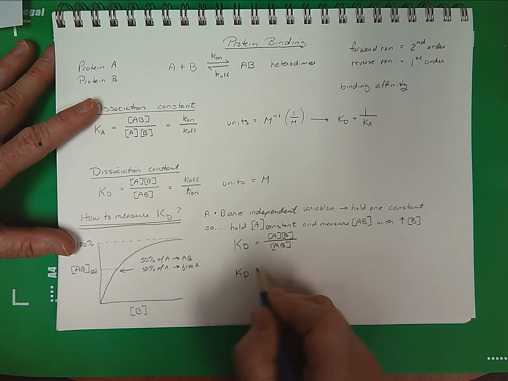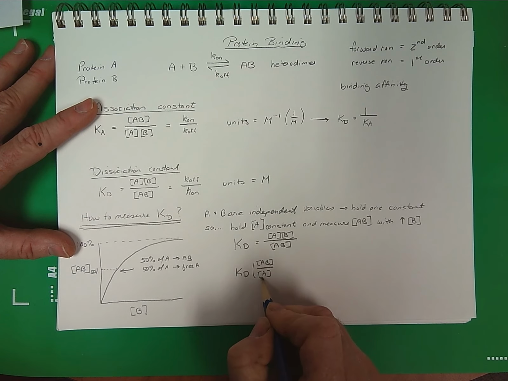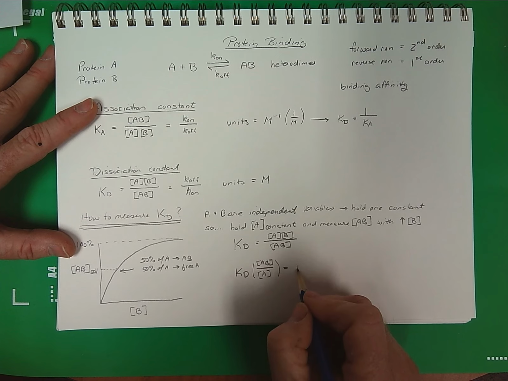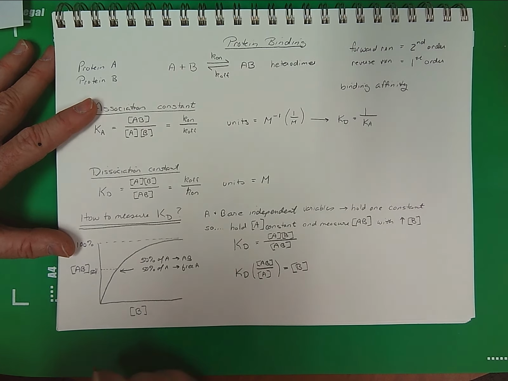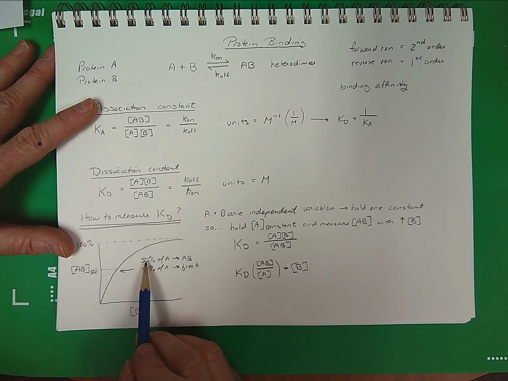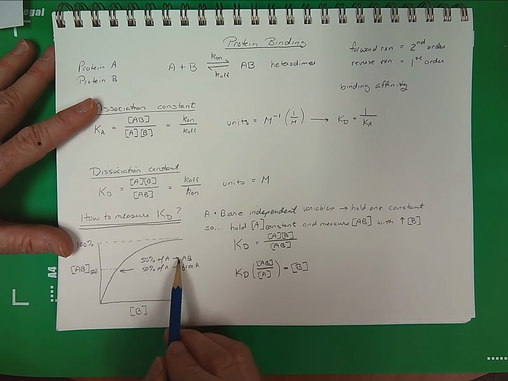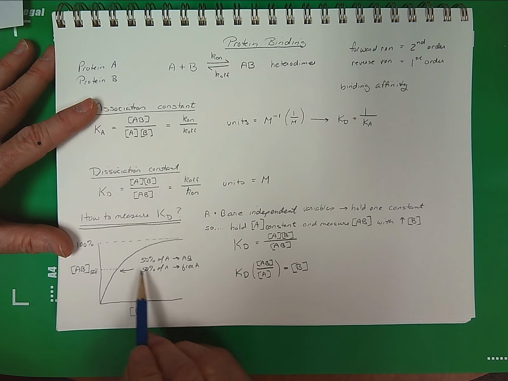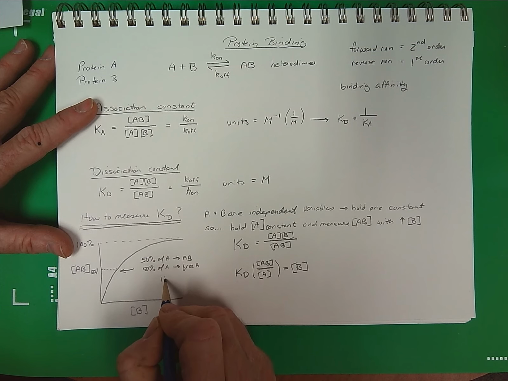So let's say Kd times the concentration of AB over the concentration of A equals the concentration of B. Now, at our 50% point, 50% of A is tied up as the bound form in the complex AB, and 50% of A is free. This is equivalent to a one-to-one relationship of AB to A.